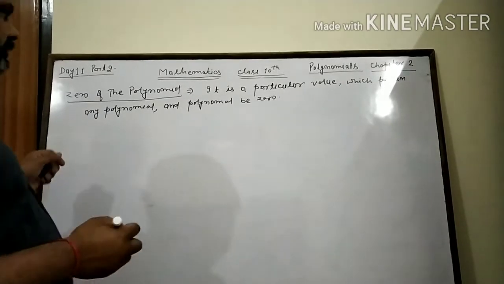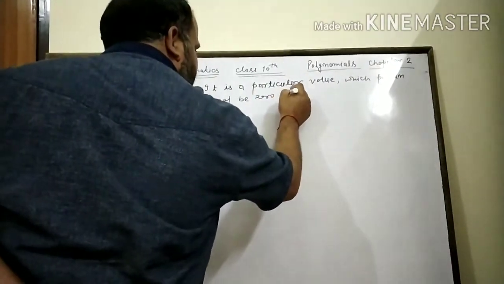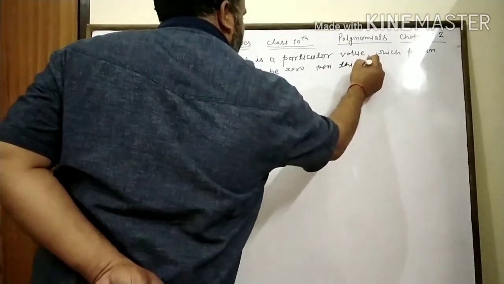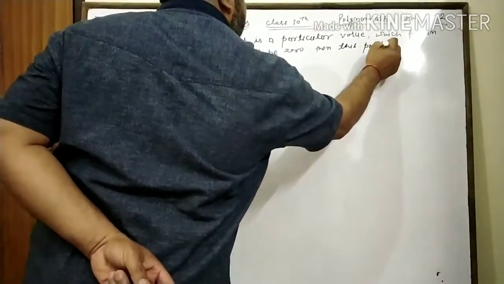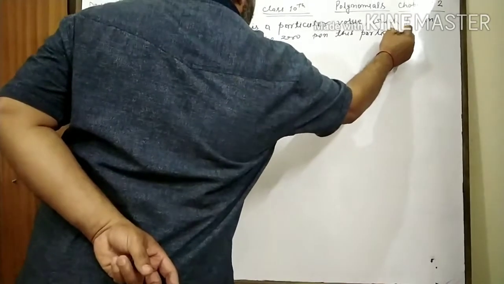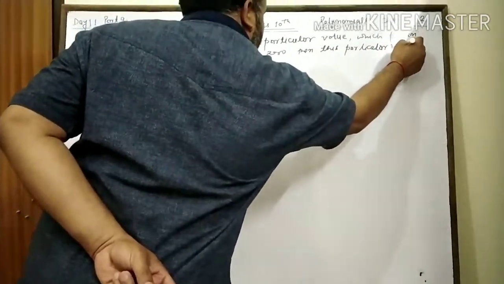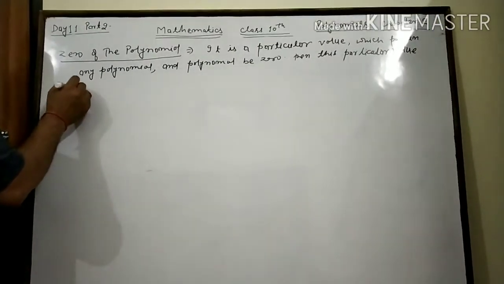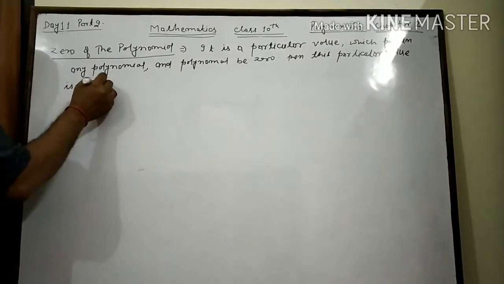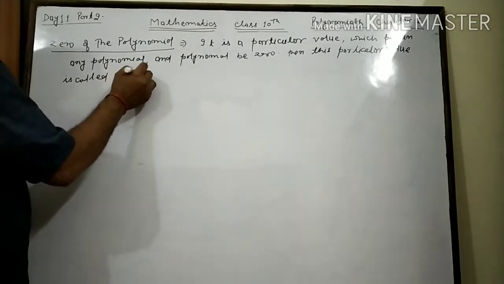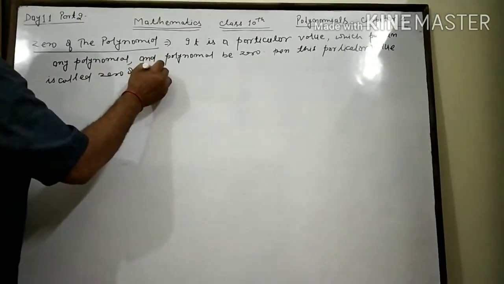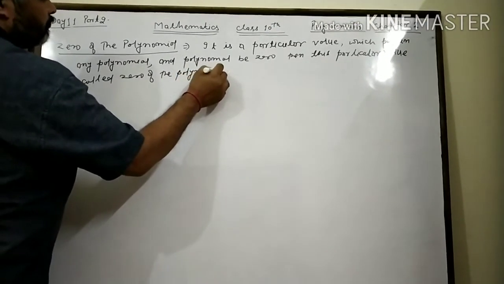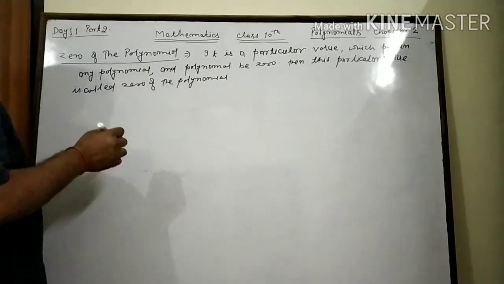Clear? Then this particular value is called zero of the polynomial, and it is unique.